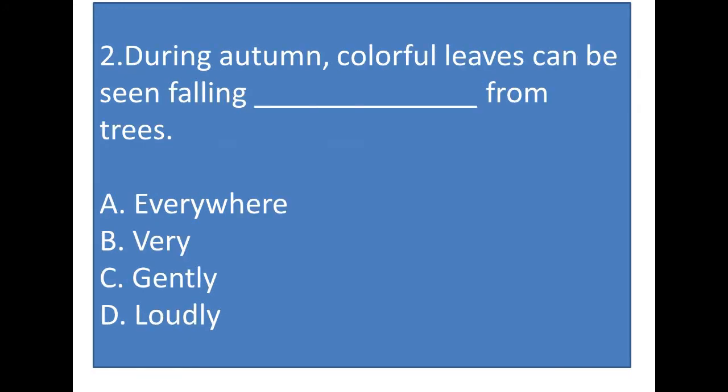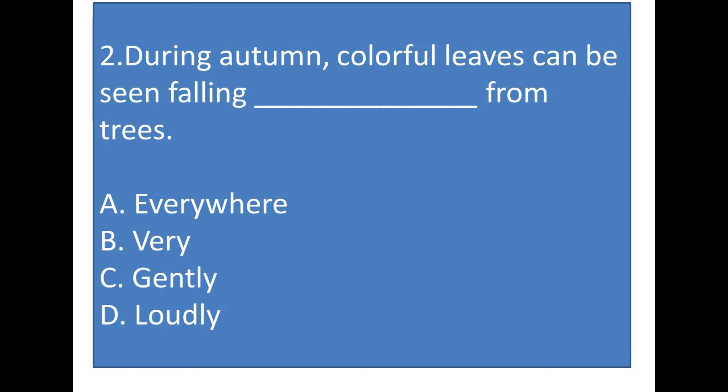Good, next. During autumn, colorful leaves. During autumn, yep. Now the season is autumn. During autumn, colorful leaves can be seen falling from trees. We will put everywhere, very, gently, loudly.